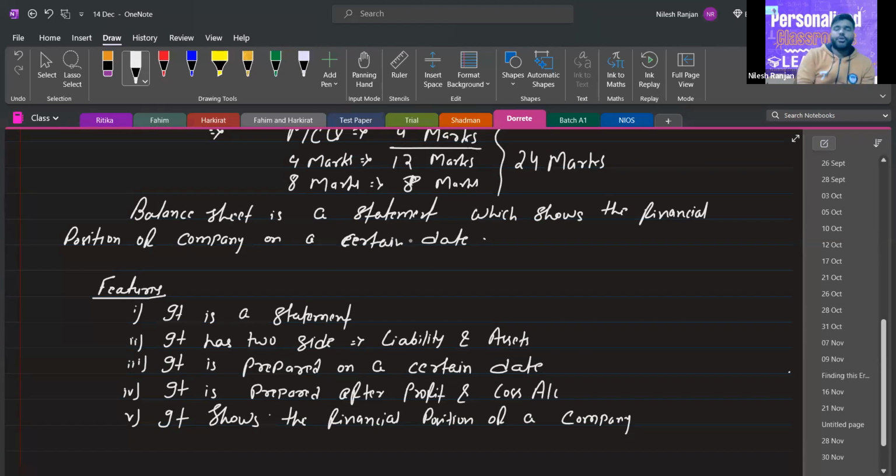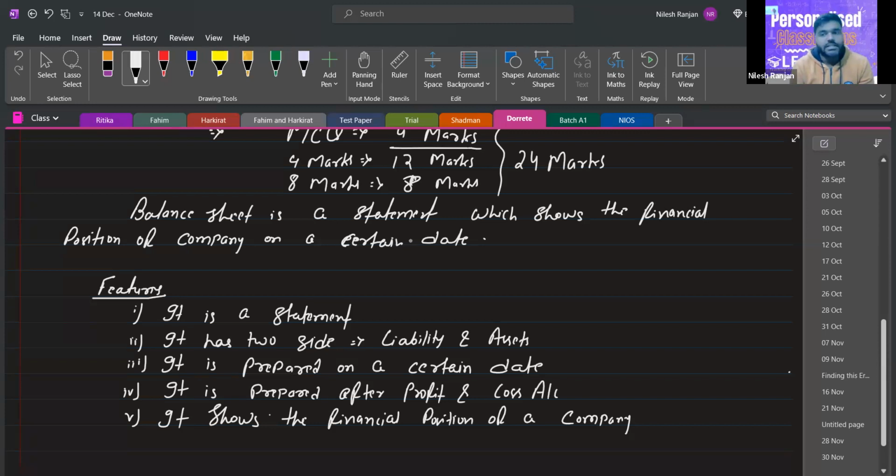It is prepared on a certain date, which is generally the end of the year. It shows the financial position of the company, means how much assets the company has and how much liability the company has to pay. If you know these two, then you know the financial position of that company.